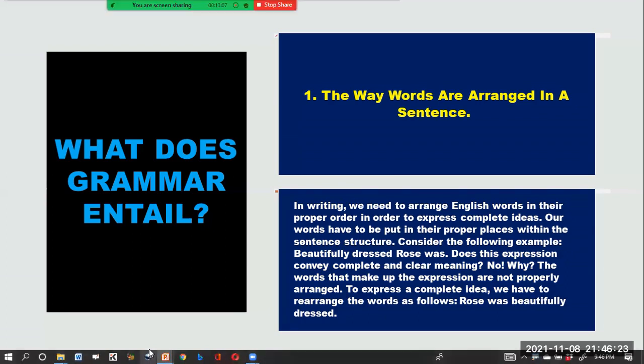Now, let's look at the following sentence. Look at this sentence: Beautifully dressed Rose was. Or, beautifully Rose dressed was. So if we place words in different order, all right?